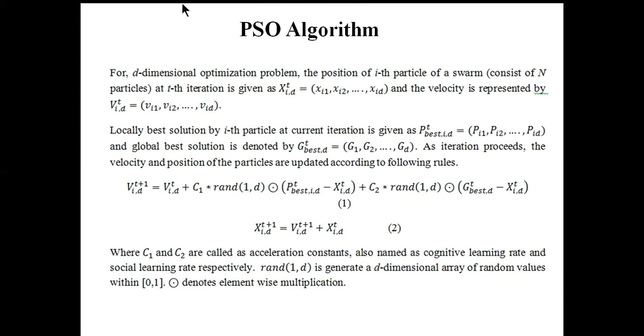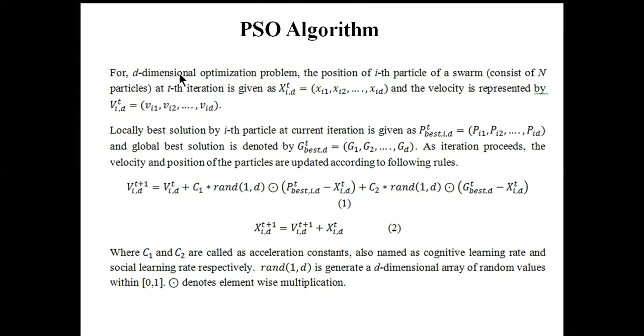Okay, now in case of PSO, each particle will be specified by its position as well as its velocity. So position will be given by this, and the velocity is represented by v_id^t, that is v_i1, v_i2 up to v_id.